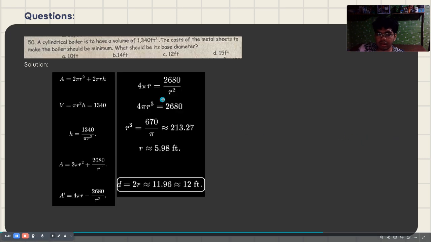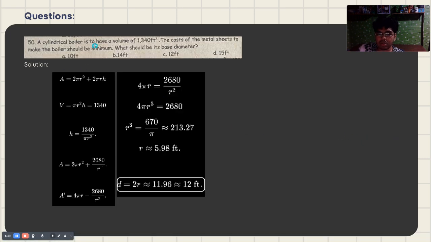Next, 50. A cylindrical boiler is to have a volume of 1,340 cubic feet. The cost of the metal sheets to make the boiler should be minimum. What should be its base diameter? Okay. So for the solution, the surface area formula is A is equal to 2 pi r squared plus 2 pi r h.